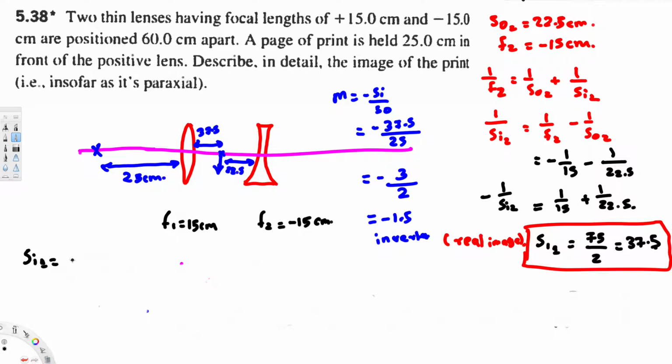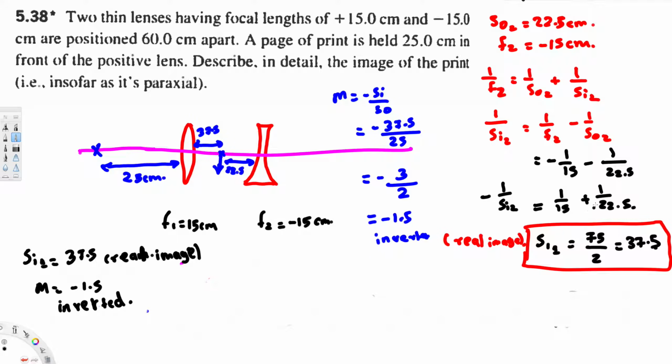SI1 is equal to 37.5, and it is a real image, and we found the magnification, that is negative 1.5. This means the image was inverted due to the first lens. Okay, so this is the detail about the image due to the first lens.